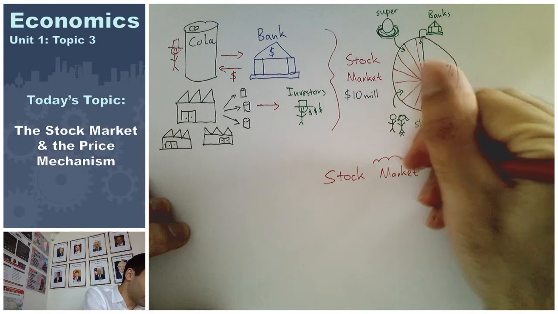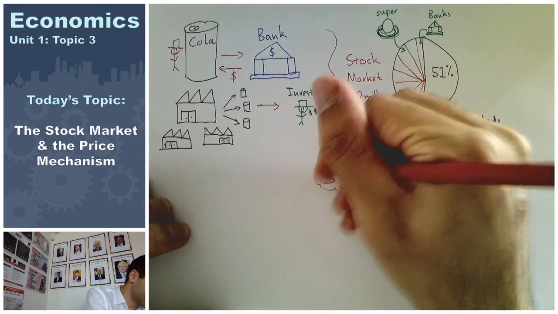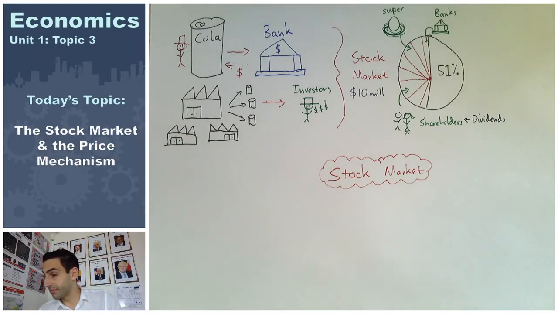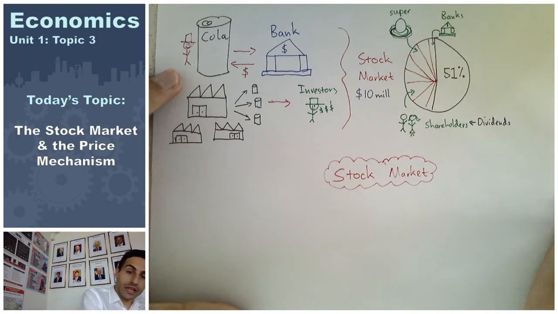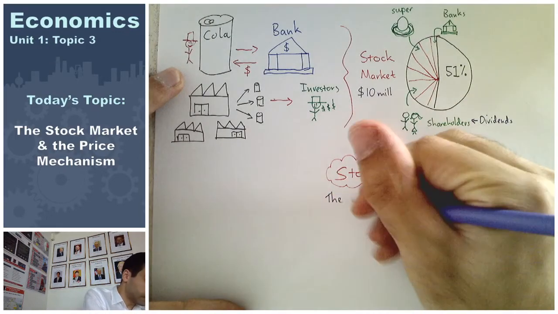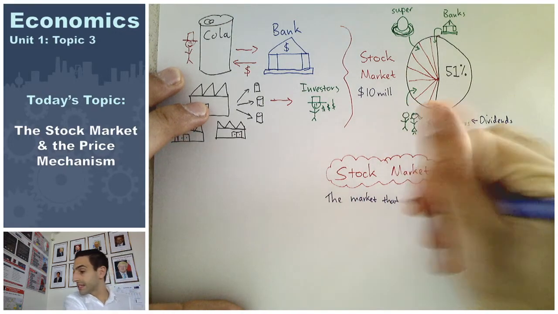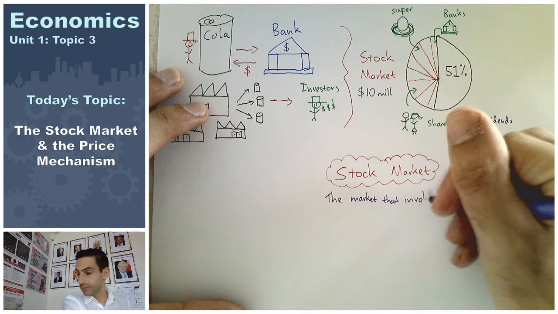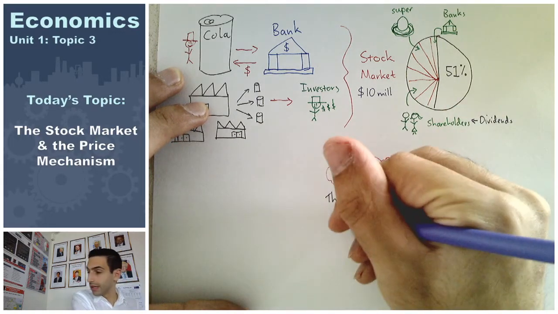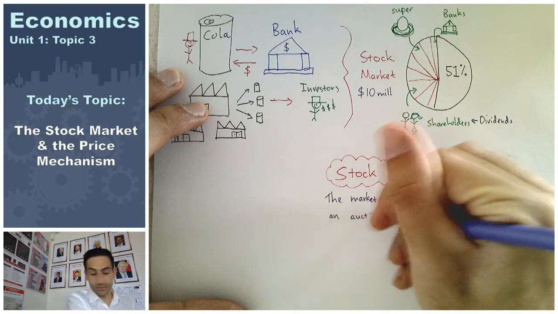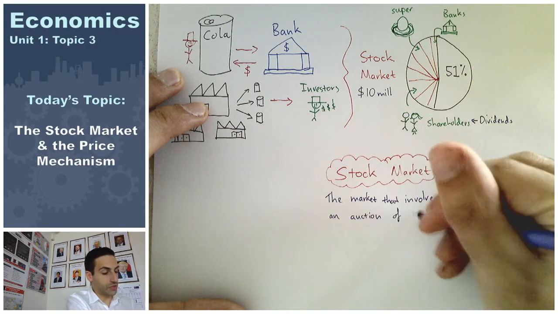So the stock market, I guess, by definition, is the market that involves an auction of securities.